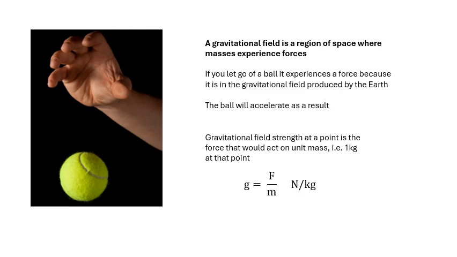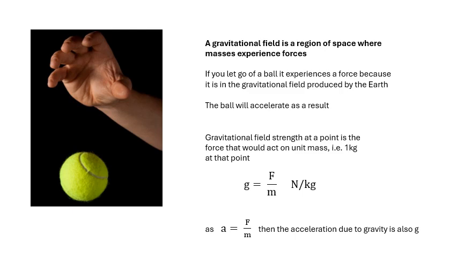Now, the gravitational field strength is defined as the force per unit mass. Our unit for mass is the kilogram, so the force per kilogram: newtons per kilogram, little g. As we have F equals ma, so a equals F over m, it's actually the same value as the acceleration due to gravity, and we use the same symbol.